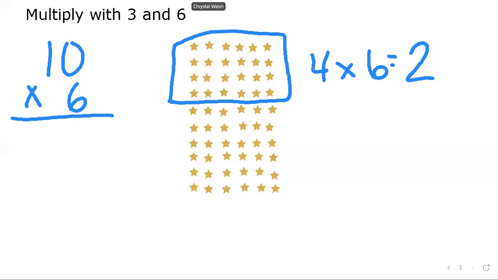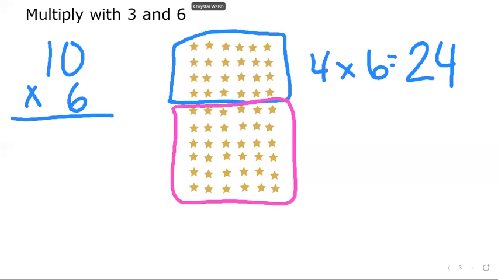24. Now, I'm going to do the same thing with the bottom half. Let's write the multiplication equation. How many rows do you have? 1, 2, 6 rows.